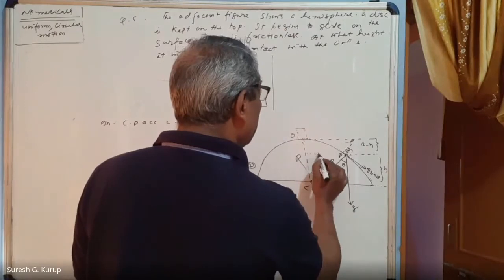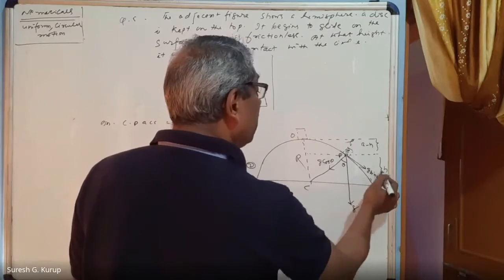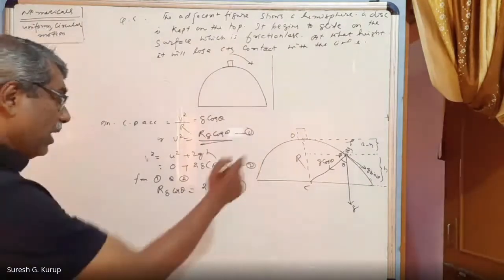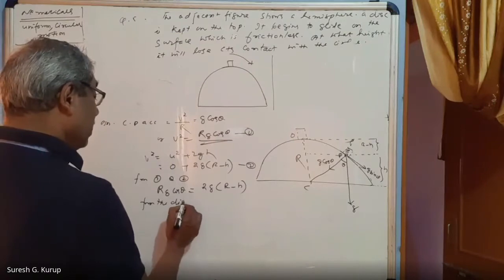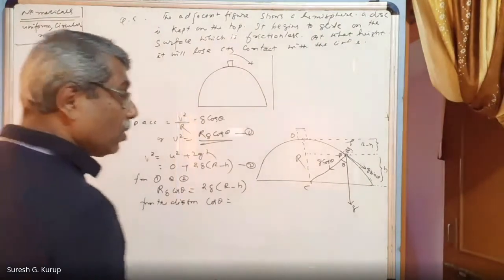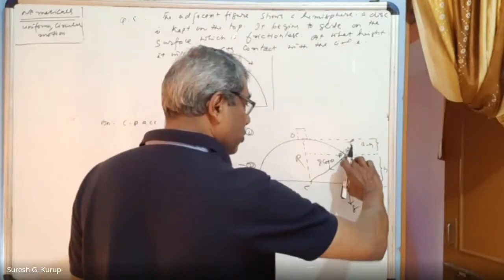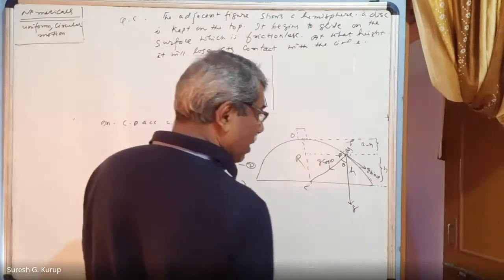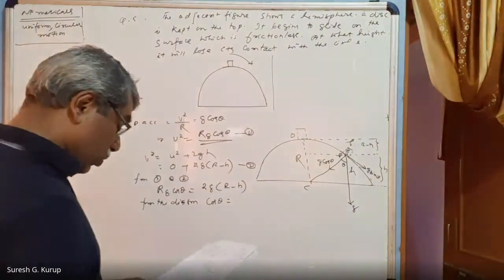So if you draw a line here, this line, this h divided by r. So from the diagram we can write cos theta is equal to h by r. You can take h, this, and this is r. Okay. Am I correct? h by r is equal to cos theta.